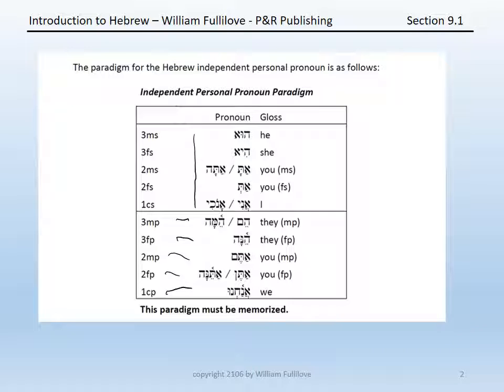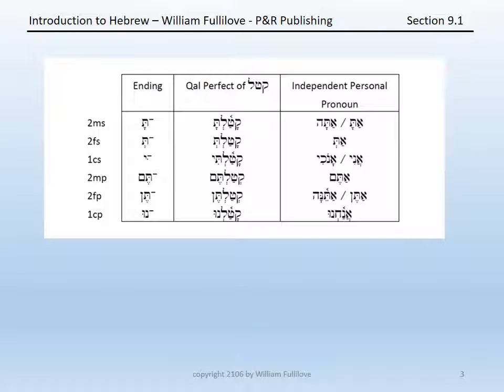Just like the other memory paradigms, this paradigm should be carefully memorized and you should be able to reproduce it. It may be helpful in memorizing the paradigm for the independent personal pronoun to note that in the second and first person forms, there is a noticeable similarity to the endings of the perfect.